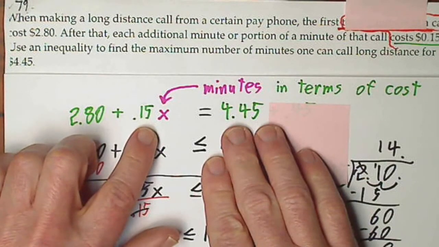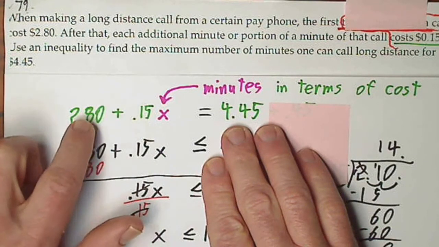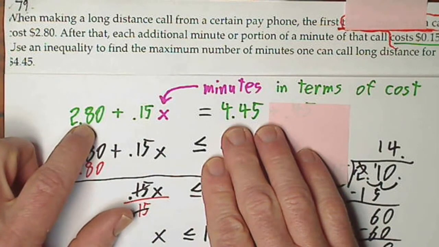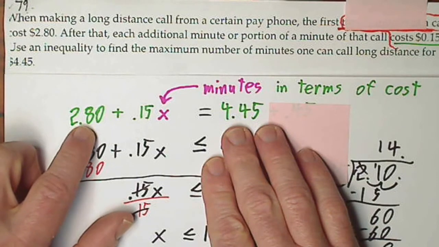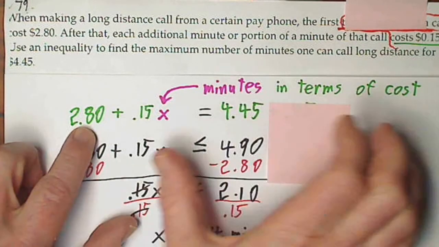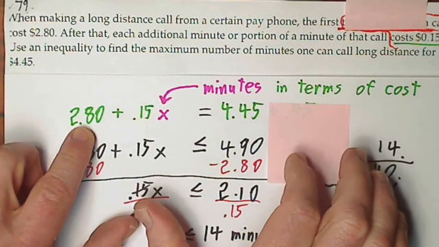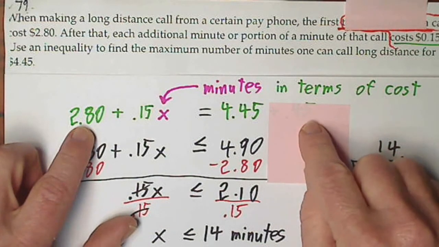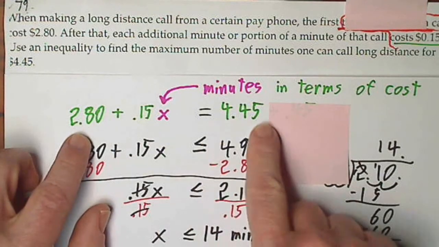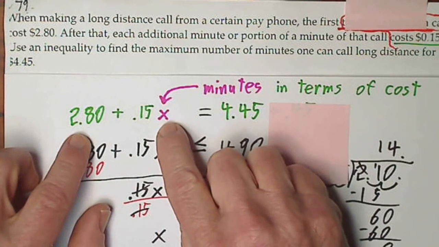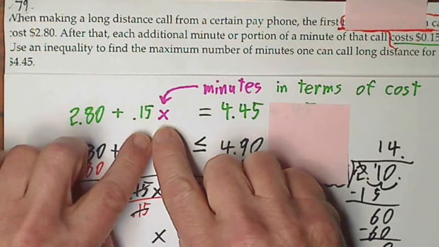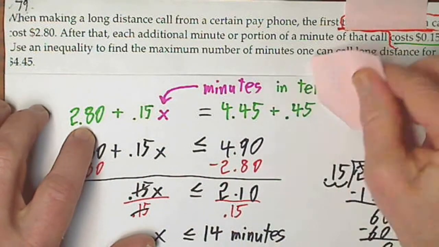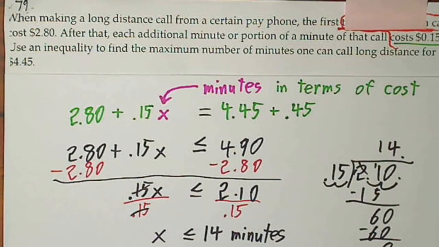Okay? But for this, they give me 3 minutes. So I need to show that 3 minutes in my equation somewhere. But I need it in terms of cost. Because all these other numbers are in terms of cost. X is minutes in terms of cost. All right, well, again, that one's a bit more complicated than you're probably going to encounter.